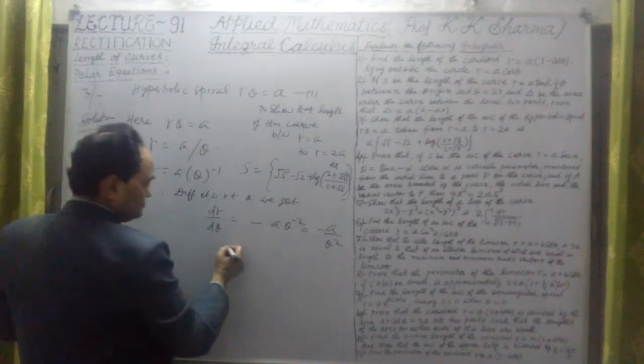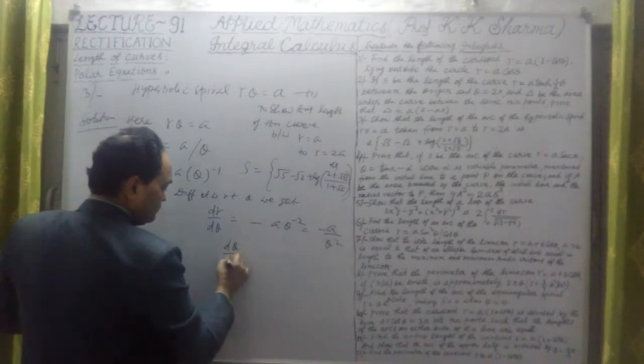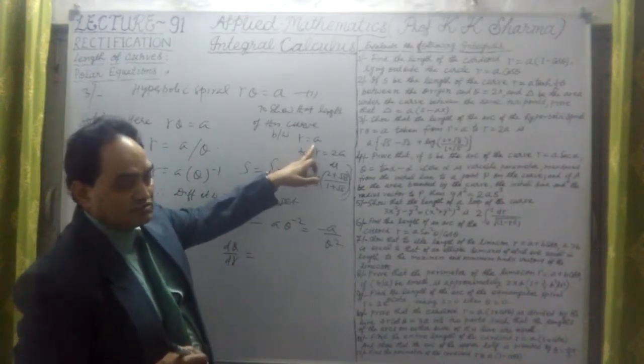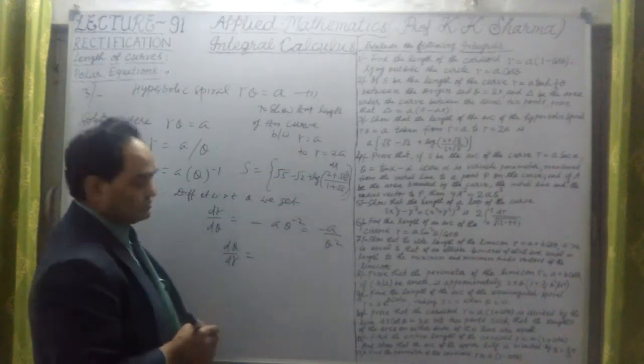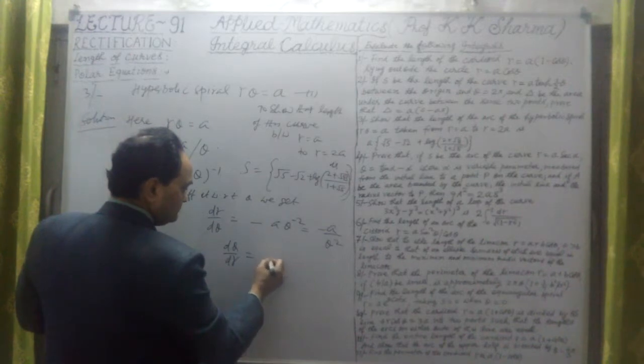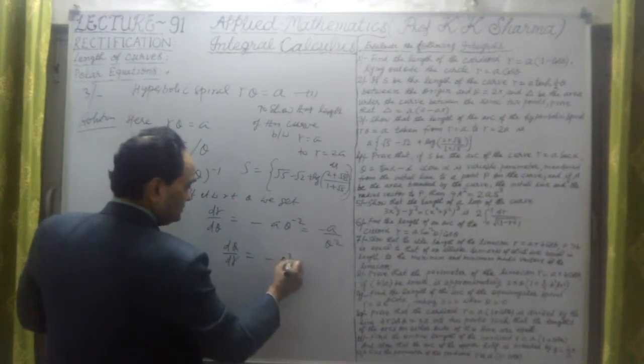Now if I find d theta upon dr, because we have to differentiate with respect to r here, the limits of r are given. So d theta upon dr, we can reverse it. This is minus theta square upon a.